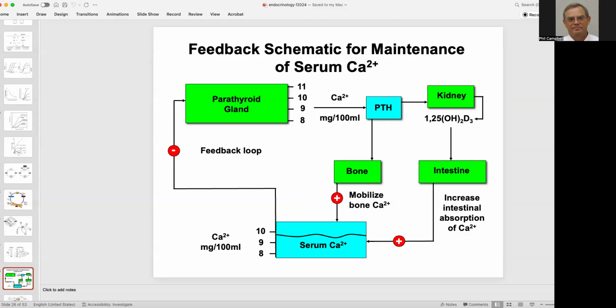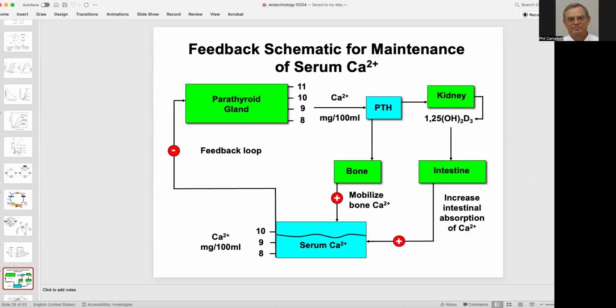It goes to the intestine and tells the intestinal tract to absorb dietary sources of calcium. Calcium you get from dairy products, from soybeans, from collard greens, you name it. Lots of things have got calcium, Tums, whatever. All right. But without vitamin D3, the active metabolite, it will just pass on through. So vitamin D3 influences the absorption of dietary calcium, which is going to increase blood calcium levels.